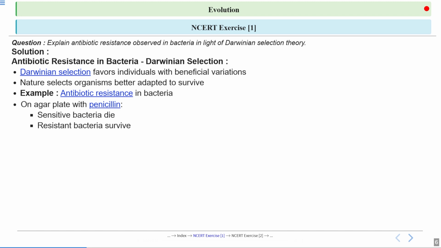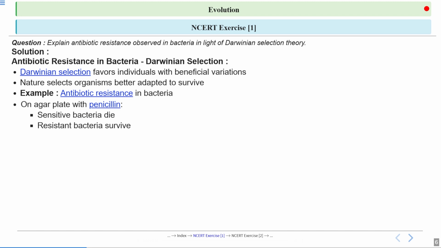Suppose there is a population of bacteria, and this bacterial population has built-in variations. These variations might have arisen due to mutations. Now you added penicillin in that media, which means you changed the environment.